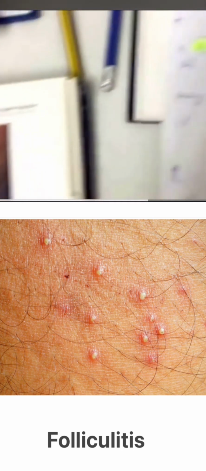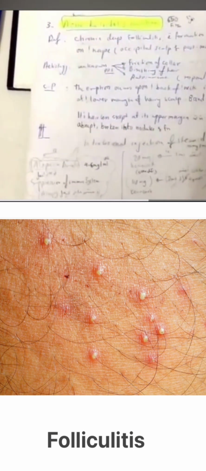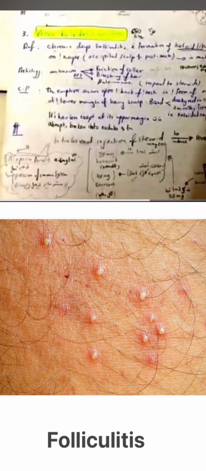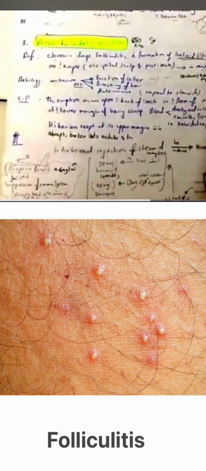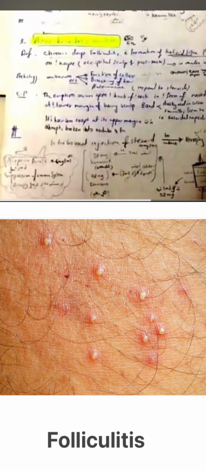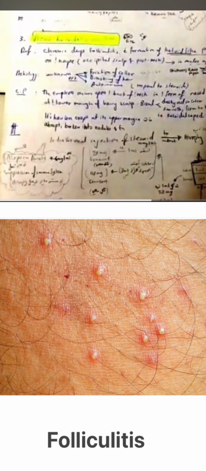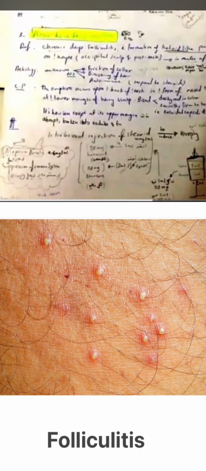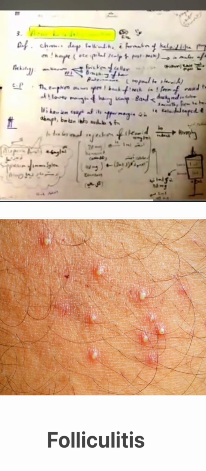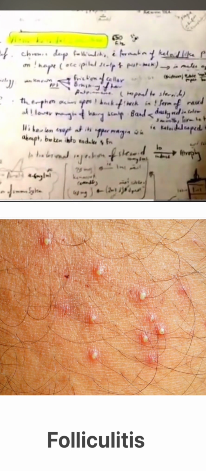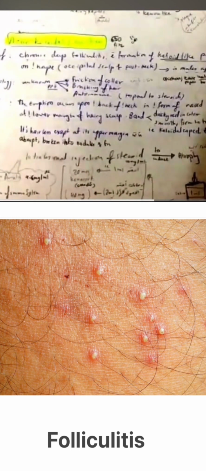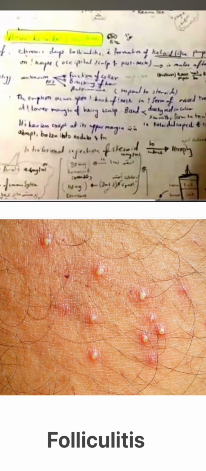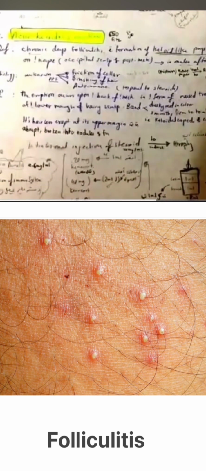The second type of chronic deep folliculitis is acne keloidalis nuchae. It is a chronic deep folliculitis with formation of keloid-like papules and plaques on the nape, occipital scalp, and posterior neck in males after puberty. The etiology is unknown, maybe friction by collar, brushing hair, or autoimmune because it responds to steroid. The eruption occurs on the back of the neck and forms a raised transverse band at the lower margin of the scalp.